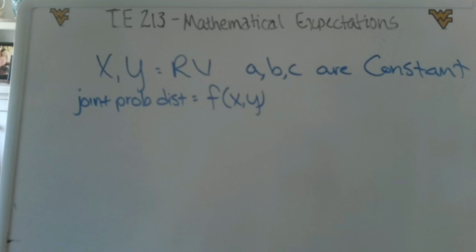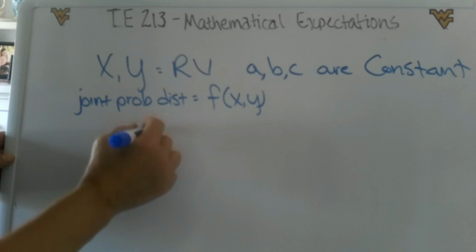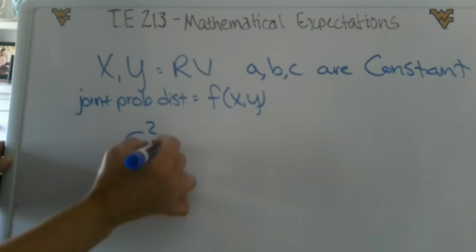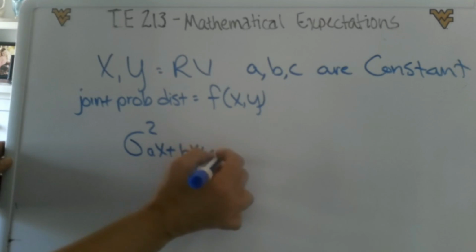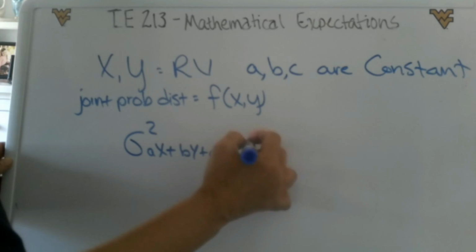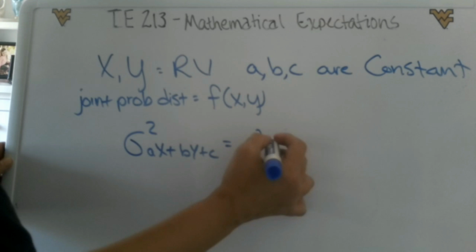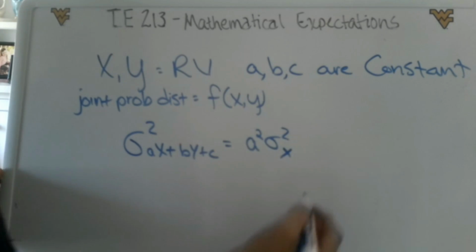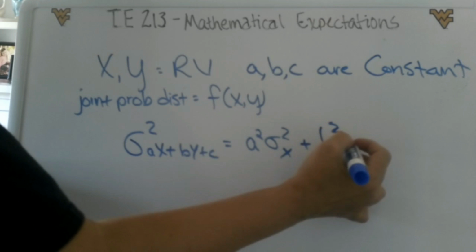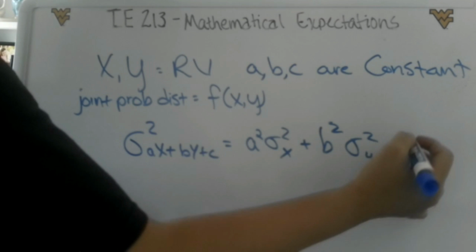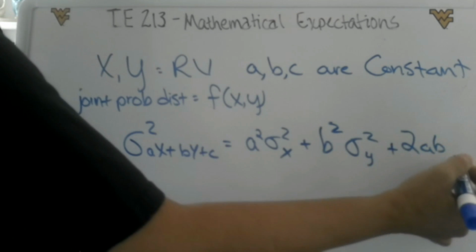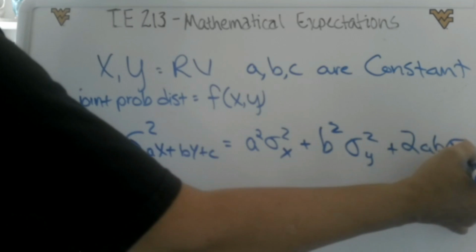So if x and y are random variables, and a, b, and c are constants, and they have a joint probability distribution f of x, y, then sigma squared, or the variance of ax plus by plus c, is equal to a squared sigma squared x plus b squared sigma squared y plus 2ab sigma xy.